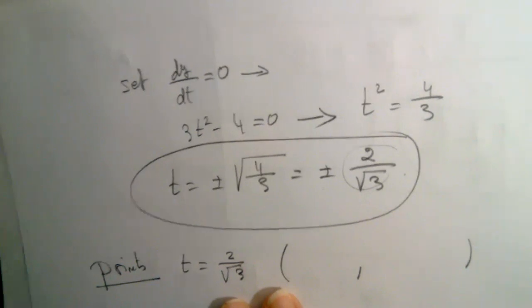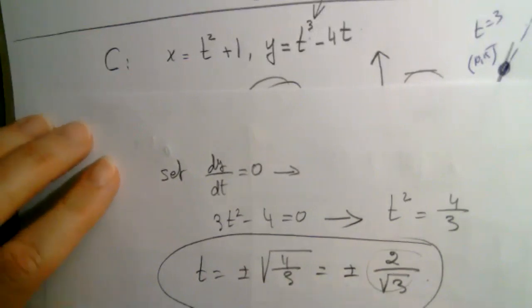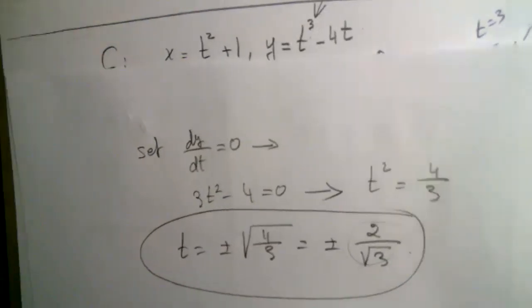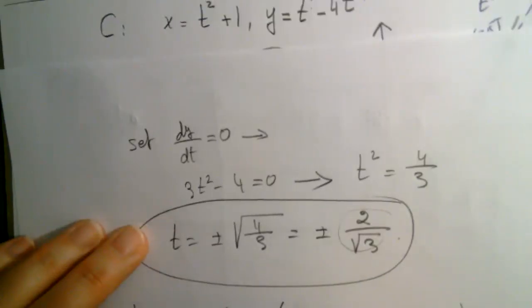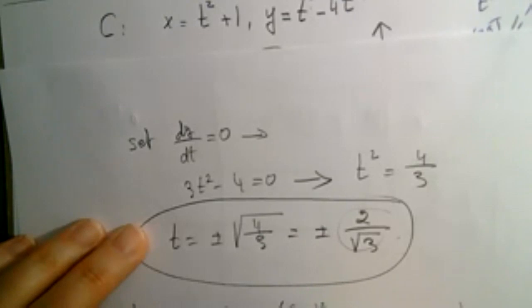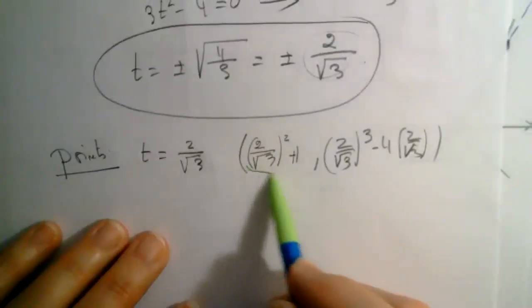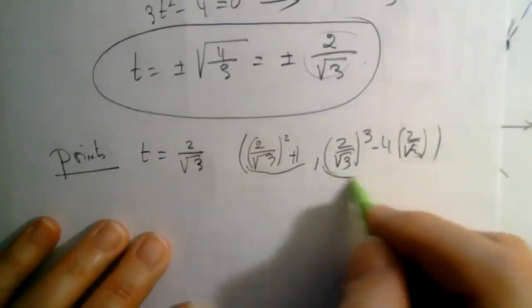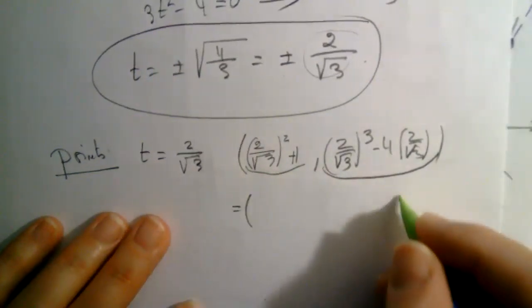My x is, no, you don't see the x. Okay, this is my x, it's t squared plus 1. So my x is going to be 2 over the square root of 3, squared, plus 1. I know you don't see it, but I will push it up in a second. And the y is 2 over the square root of 3 to the power 3, minus 4 times that. You can do a little bit of math here.